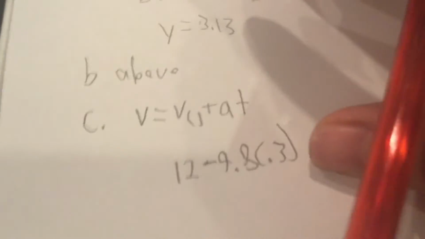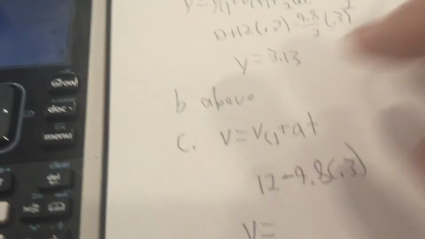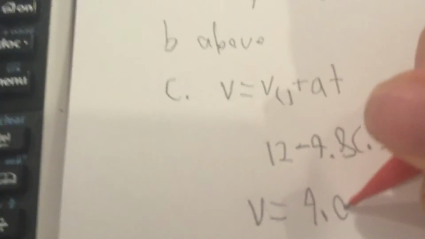Plug that in, and we'll get that v is equal to 12 minus 9.8 times 0.3, which is 9.06.